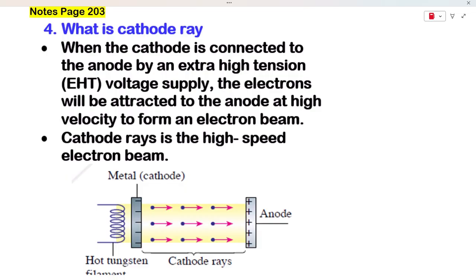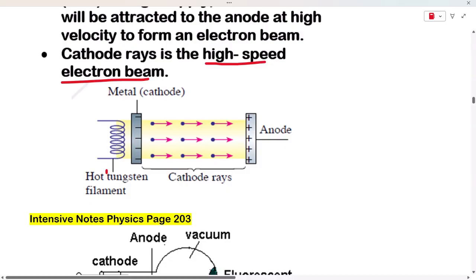A beam is a line of electrons moving. So a cathode ray is a high speed electron beam. This is another diagram showing the flow of cathode rays from the negative cathode to the anode.